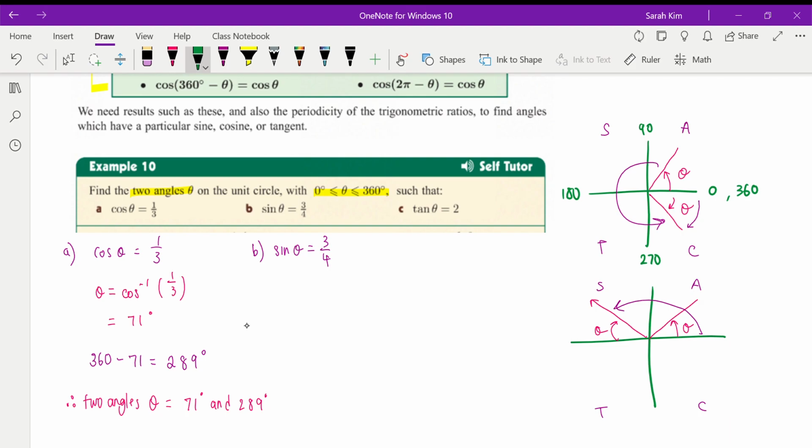Alright, so let's inverse sine and then figure out what my theta should be, one of the options for it. Okay, I get approximately 49. I'm just going to round it again.